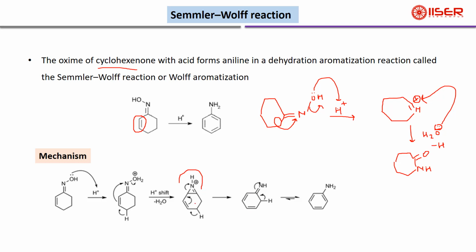After that, it undergoes another rearrangement and we get this as our product, and through aromatization, we get an amine. So whenever there is a double bond in the ring, instead of Beckmann rearrangement, there is a possibility of Semmler-Wolff reaction. So always try to see the options. I hope it's clear.